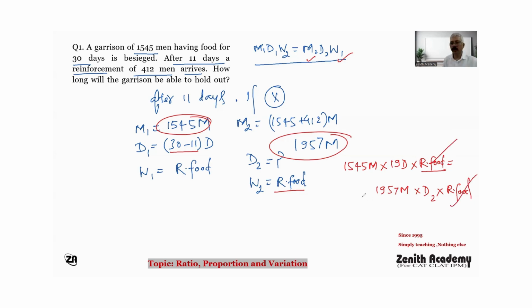So this and this cancel, and M and M cancel, and now 19 times 1,545 divided by 1,957 gives 15. So D2 is 15 days. With the new strength, the provision will end in the next 15 days.